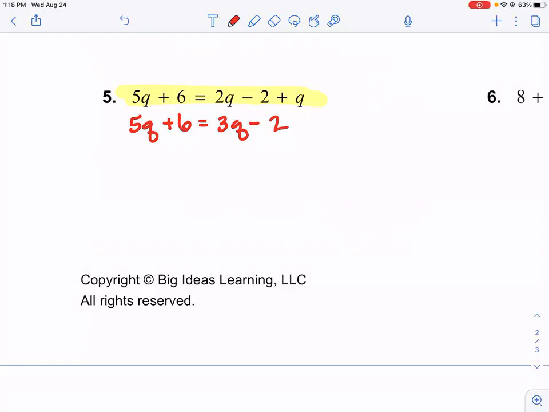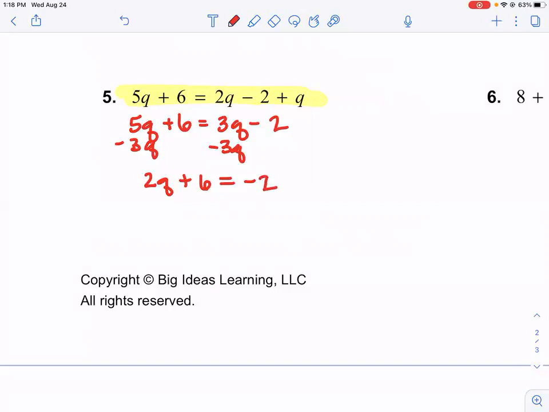Okay, the first step of your equation. Look up here. You need to take 2Q and Q and add them together. Now, some of you subtracted 3Q to both sides. Some of you did the other way. So I'm going to have 2Q plus 6 equals negative 2.